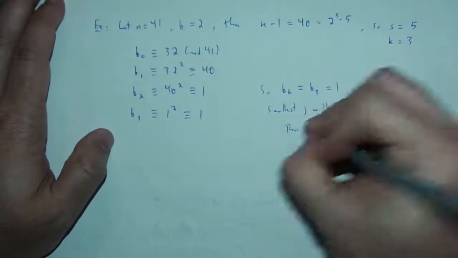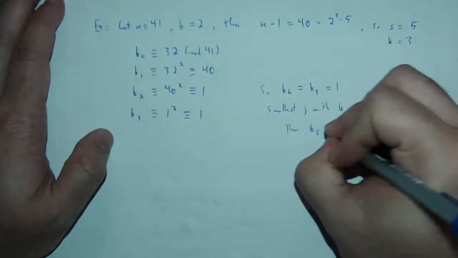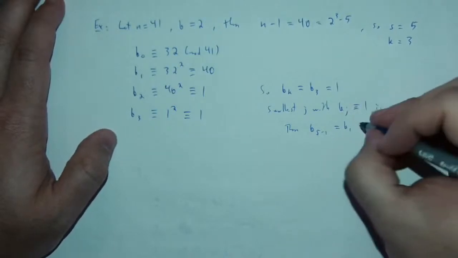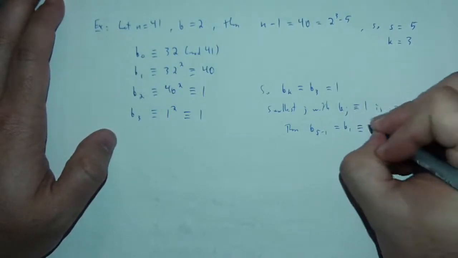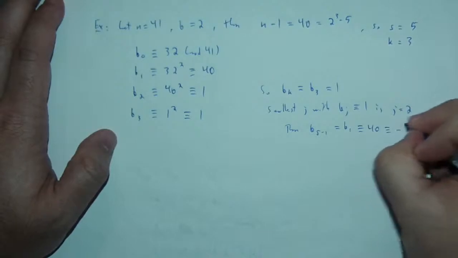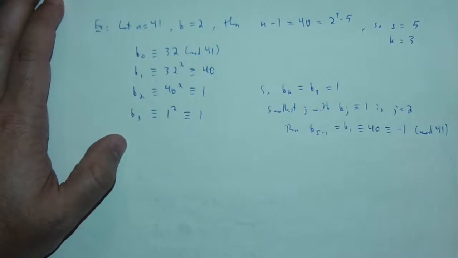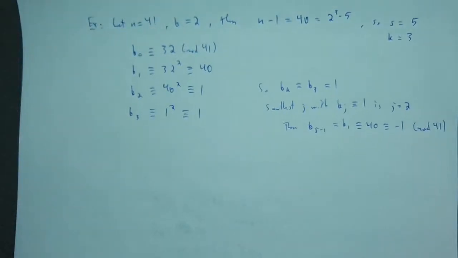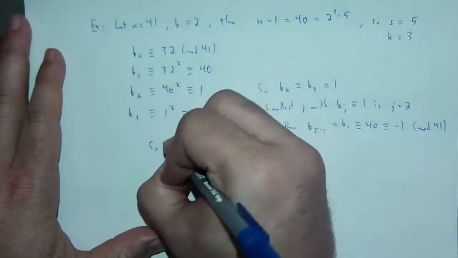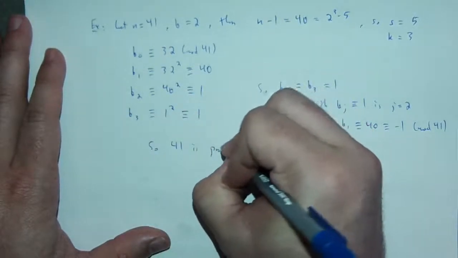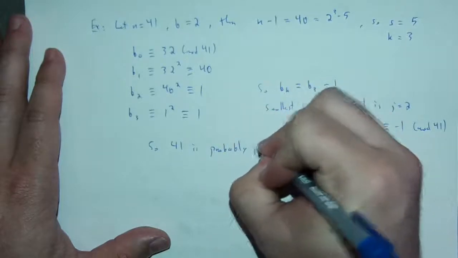Then b sub j minus 1, which is b sub 1, is congruent to 40, which is congruent to minus 1 mod 41, which I noted previously. So 41 is probably prime.